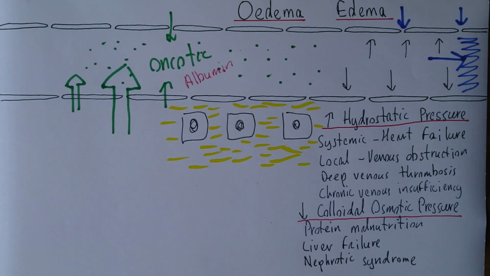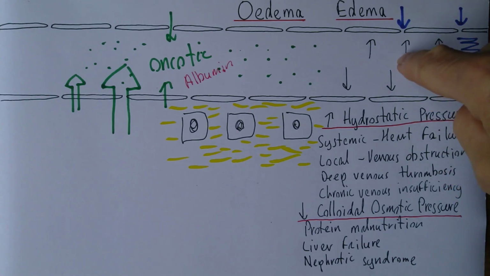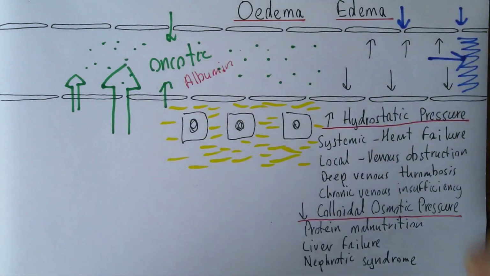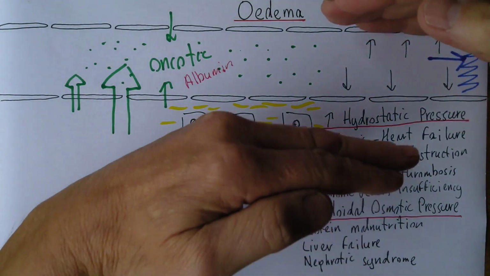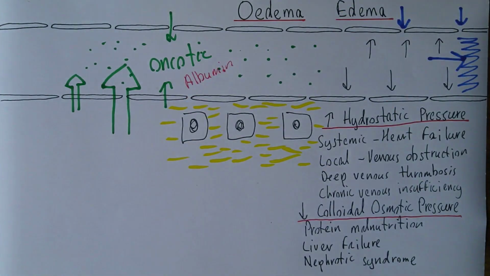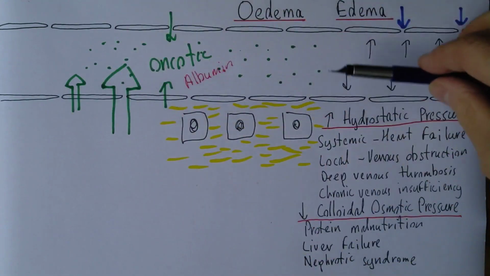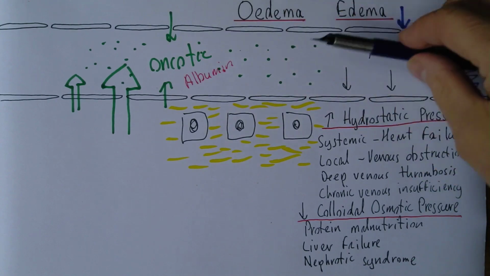So we can have the increased hydrostatic pressure keeping the fluid out, stopping it being reabsorbed, or we can have the decreased colloidal osmotic pressure, reducing the suction effect back in. But one of the interesting things is that in both of these conditions, the wall of the blood vessel is intact.